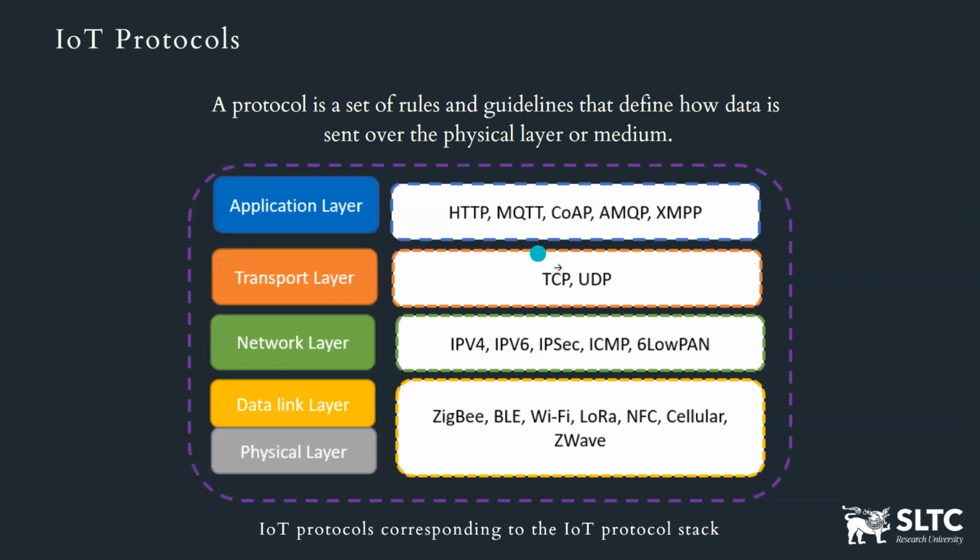TCP and UDP are the transport layer protocols that are standard for any communication network or computer networks. Those two remain. And for the application layer, there are protocols specific to IoT applications such as MQTT and CoAP.